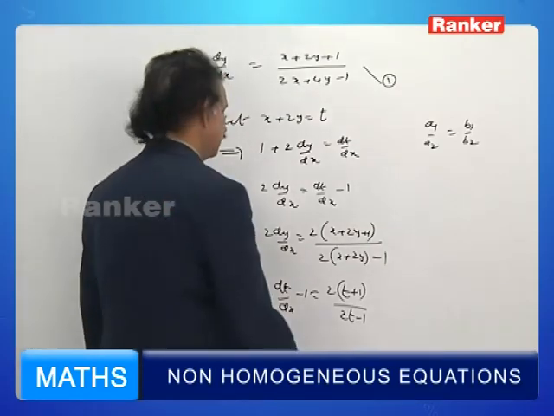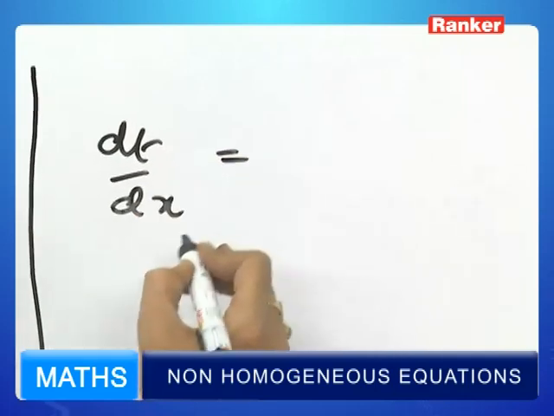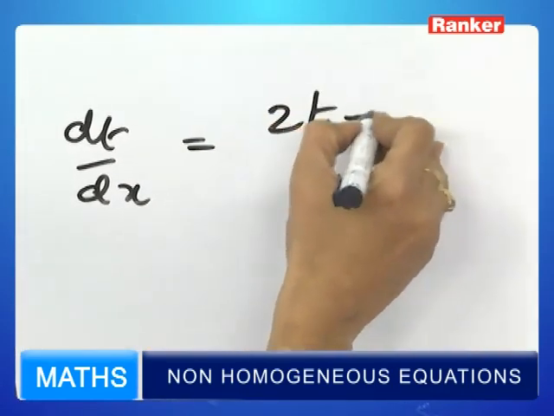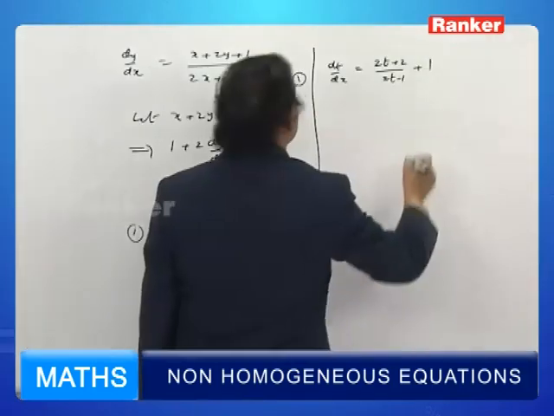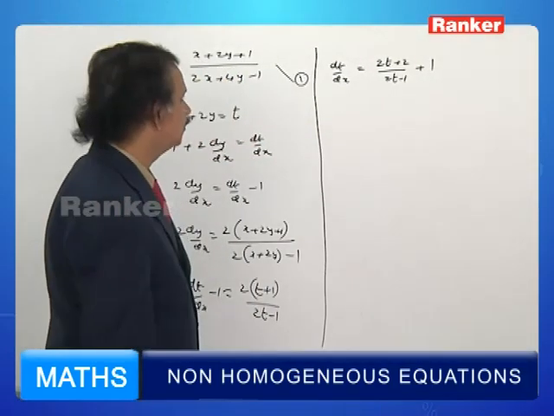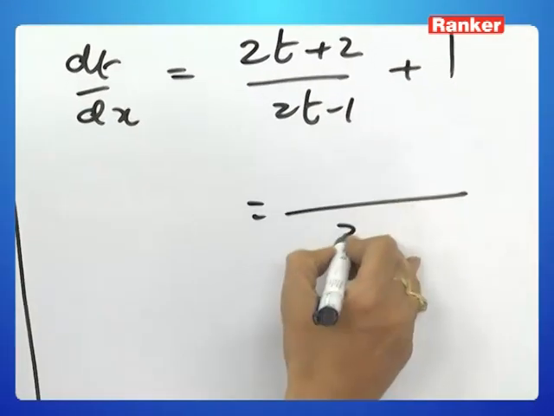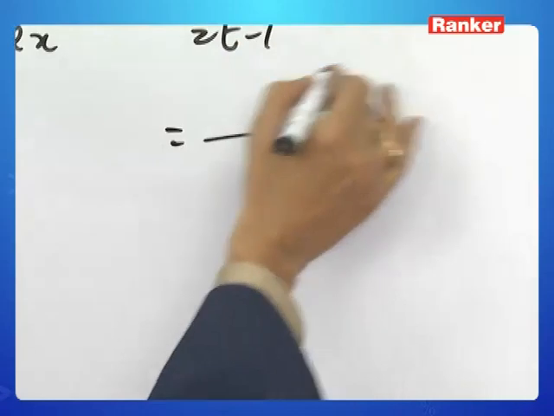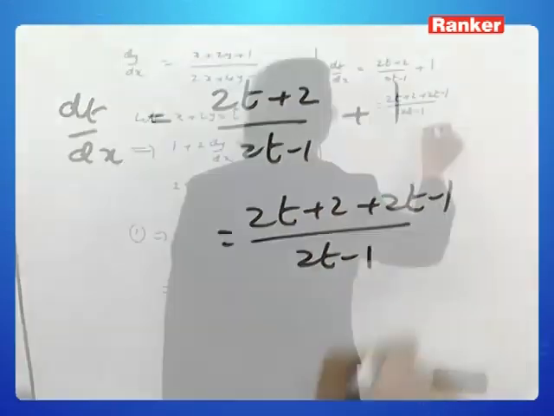From which dt by dx is therefore equal to (2t plus 2) by (2t minus 1) plus 1. And take the LCM now. This is 2t minus 1, 2t plus 2 plus 2t minus 1.